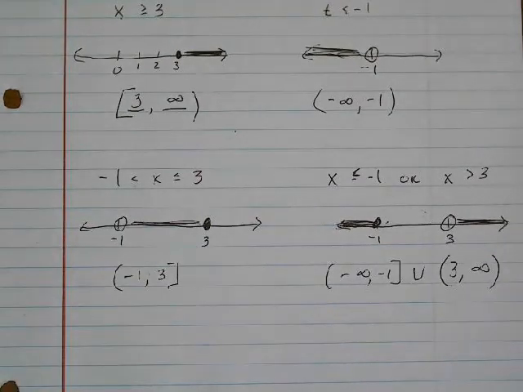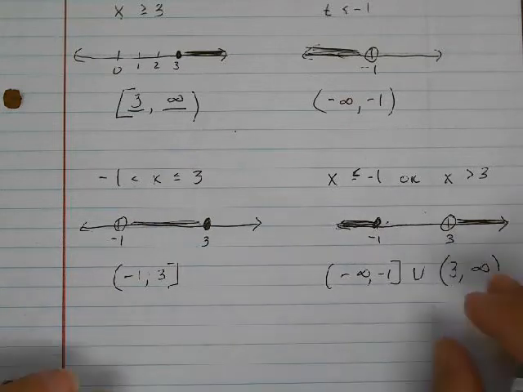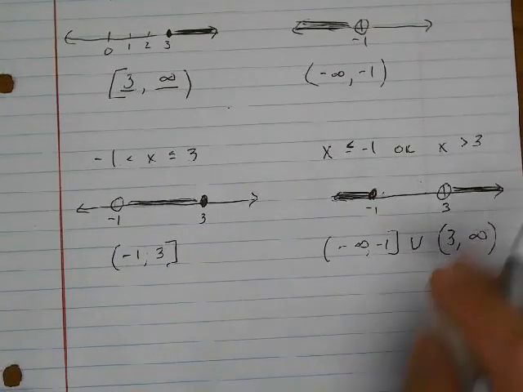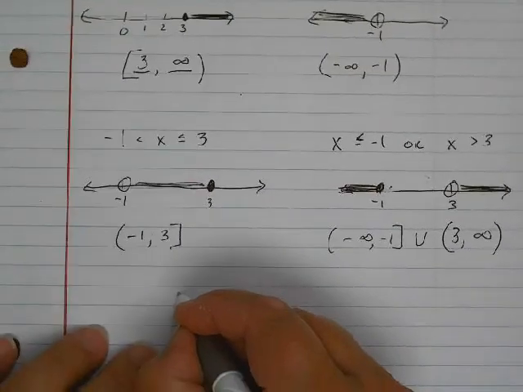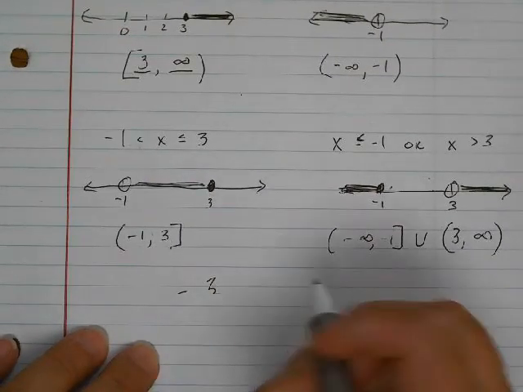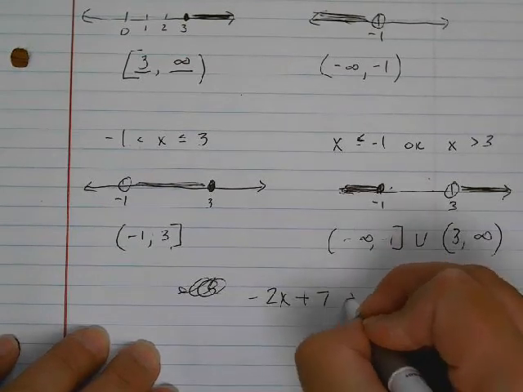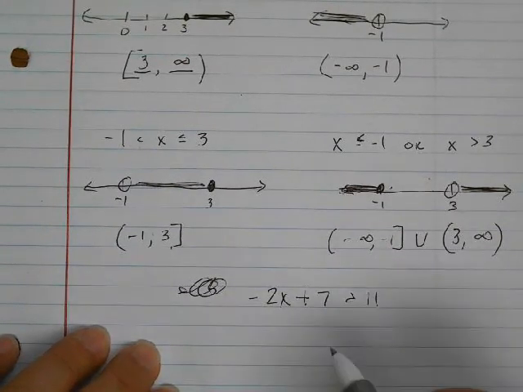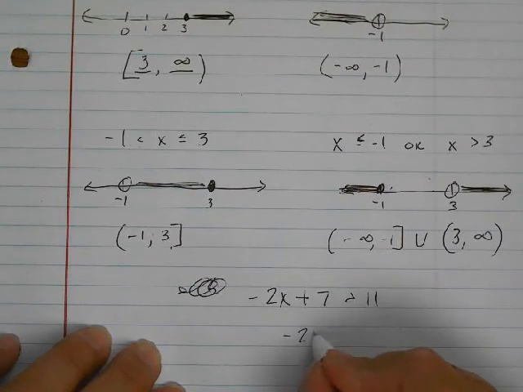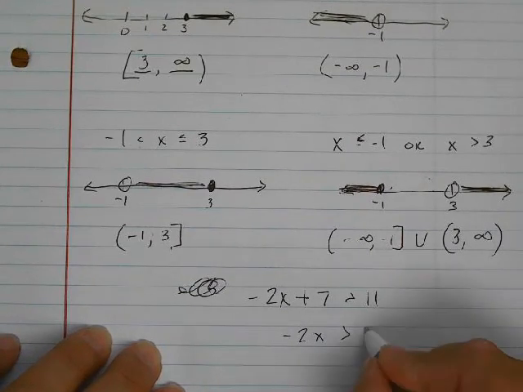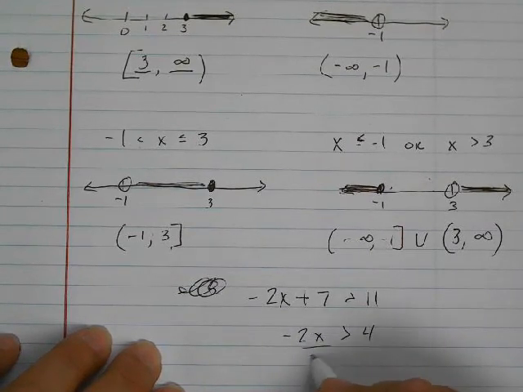I do want to remind you that whenever you are solving an inequality, for instance, let's say I have -2x plus 7 is greater than 11. If I'm solving this inequality, I would start by subtracting 7 from both sides. And then I would divide both sides by -2.